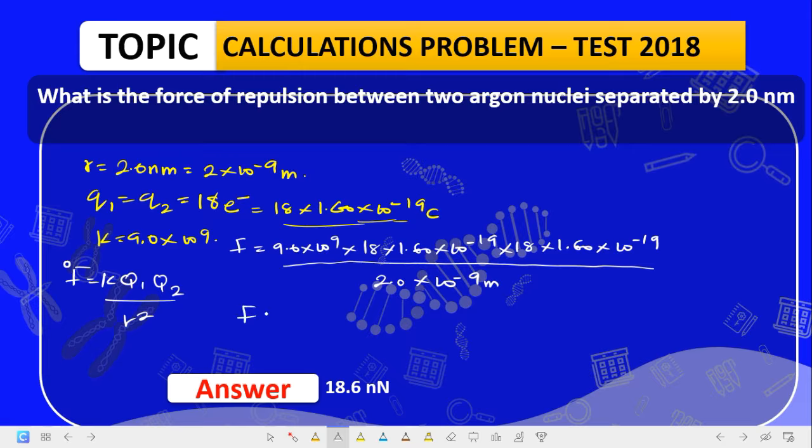When you punch this in your calculator, the answer it gives me is 18.6 times 10 raised to the power of minus 9 Newton.